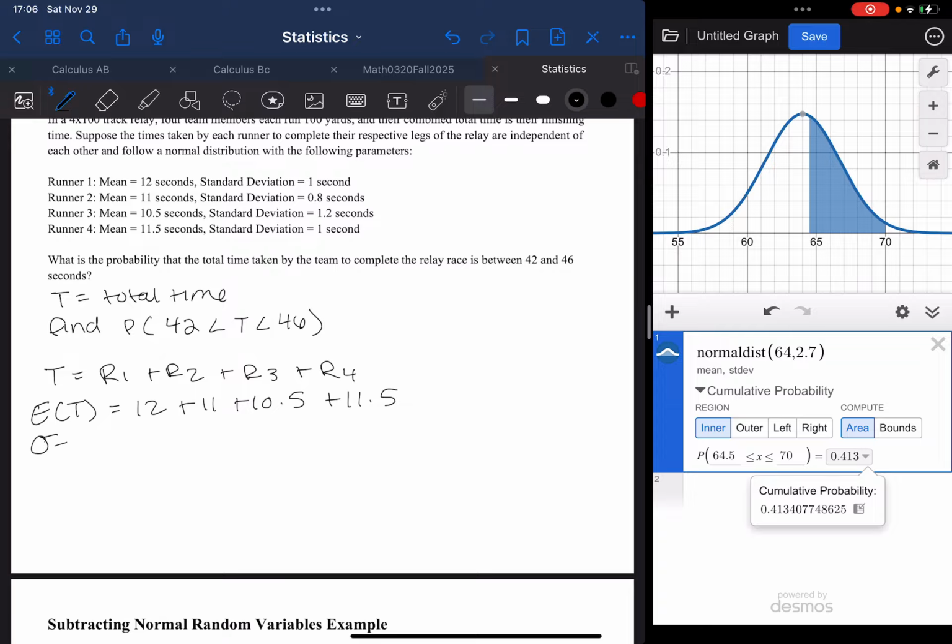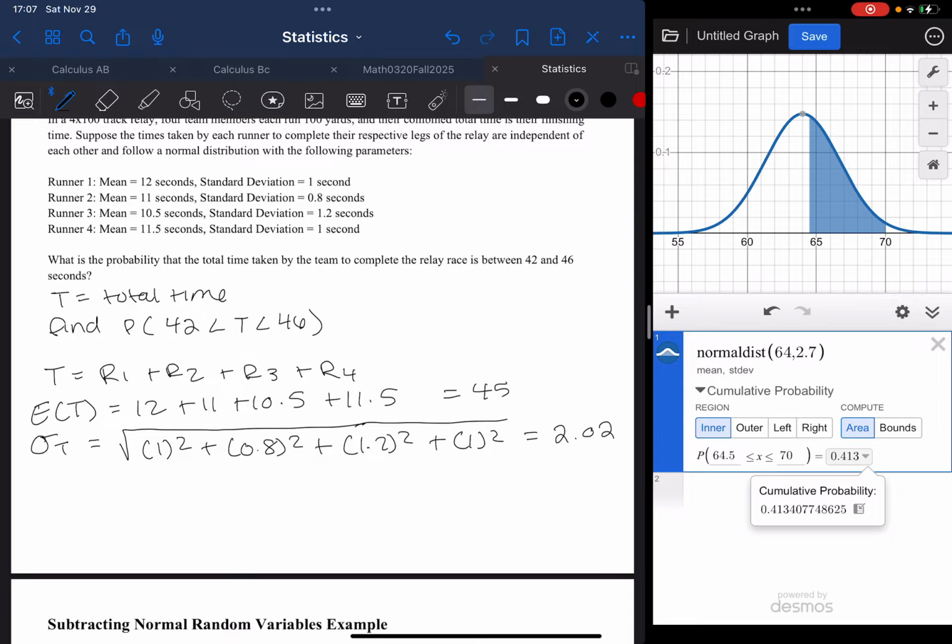And then standard deviation of t is going to be taking the square root of each of the standard deviations squared and adding them together. So 1 squared plus 0.8 squared plus 1.2 squared plus 1 squared.